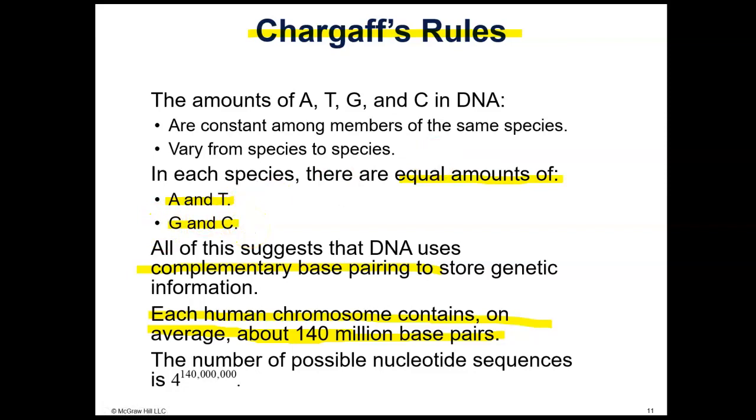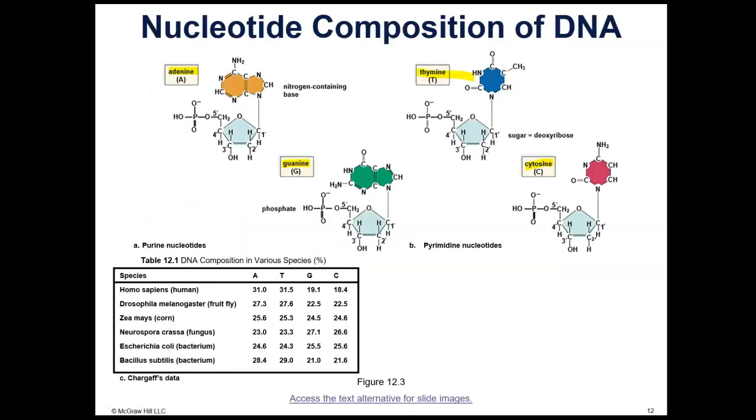We call this complementary base pairing, and this was discovered by Chargaff. Each human chromosome contains, on average, about 140 million base pairs. So pairs of A's and T's, G's and C's.